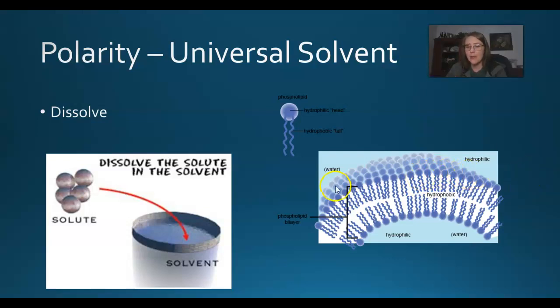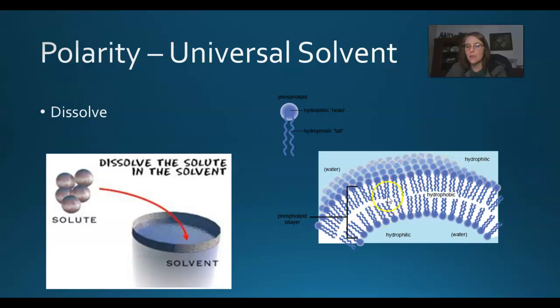So this is an example of what's called a phospholipid bilayer in a cell. Each one of these little phospholipids has a head, and the head is hydrophilic. It likes water. The tail is hydrophobic. It hates water. So these line up in these double layers so that they're protected.